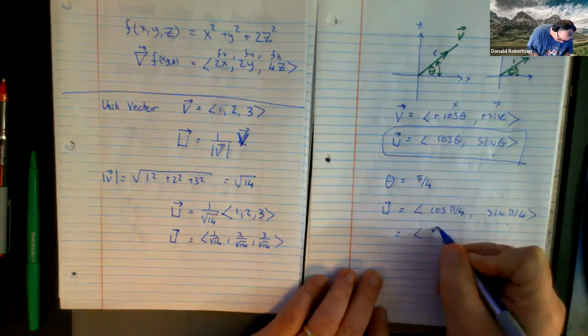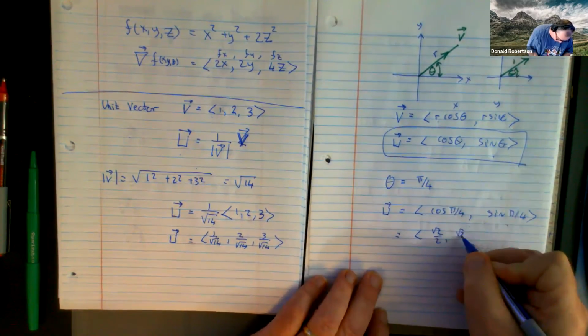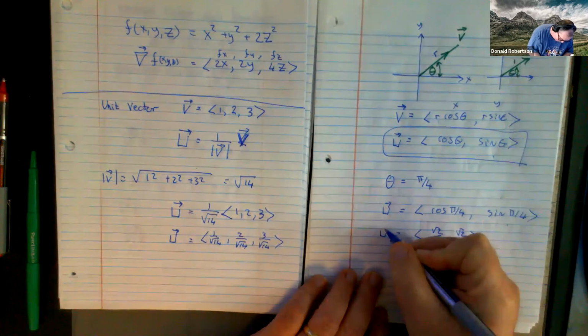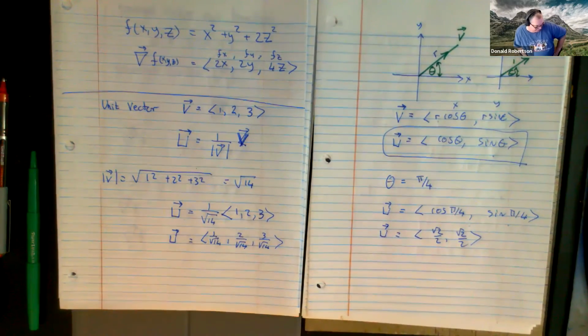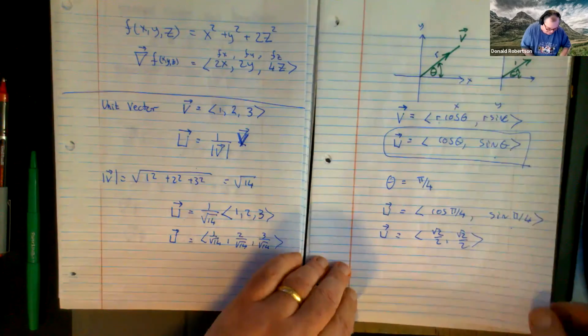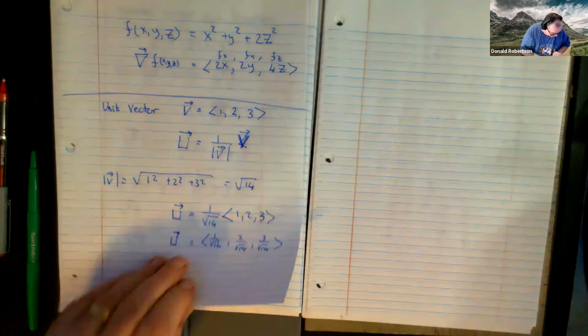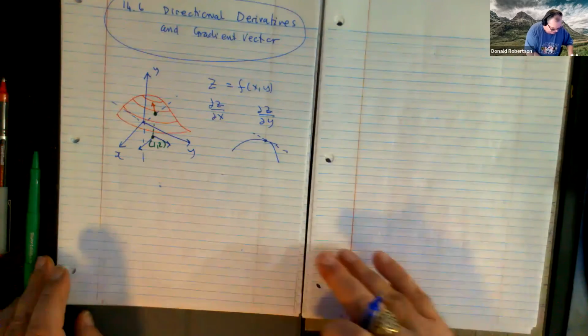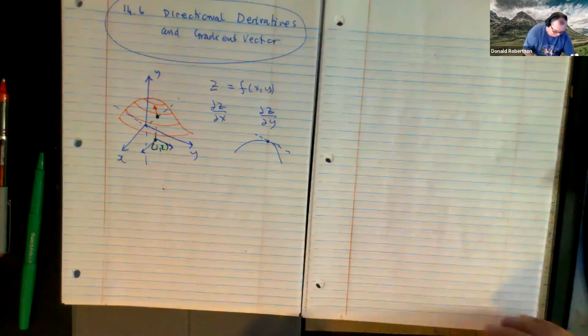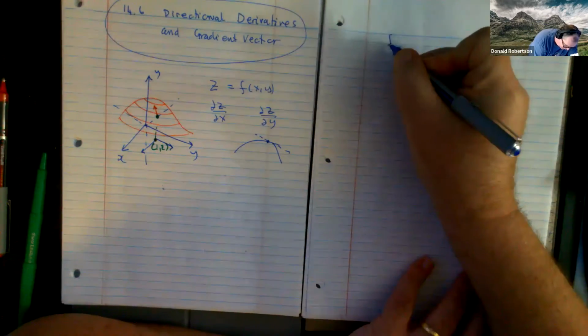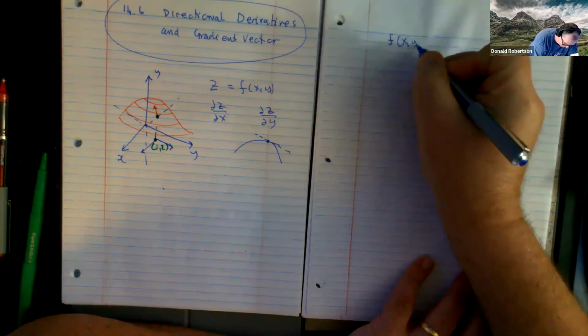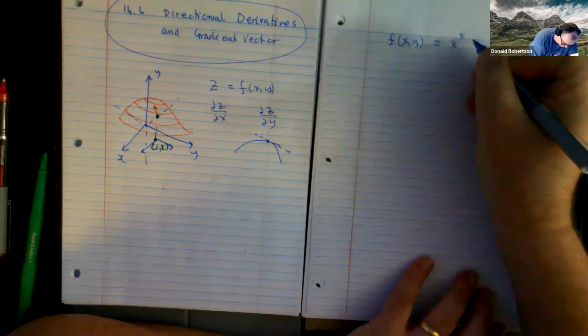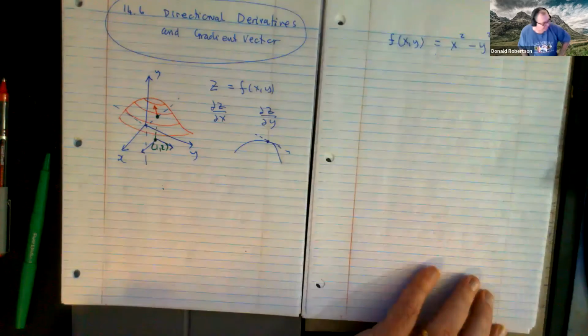Actually, now I've thought about it, I probably should have chosen a better angle, but never mind. Are you happy with that being the unit vector for this particular situation? Okay. So let's put the whole package together now and find a directional derivative. Let's suppose we have a function f of 2 variables, x squared take away y squared.